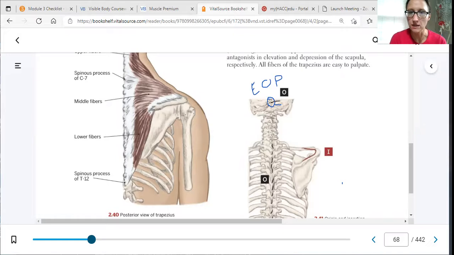See these little lines? They kind of go like this, and okay. That is the medial portion of the superior nuchal line. The nuchal lines themselves are just attachment points on the occiput that make a bit of a ridge, and they're very, very faint and very tiny, and you can't feel them.